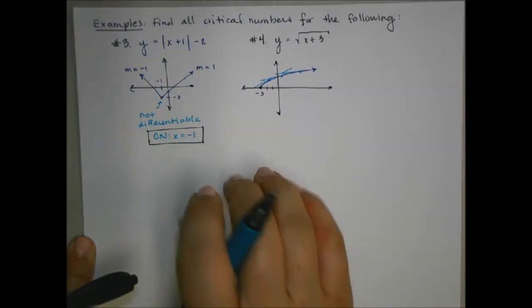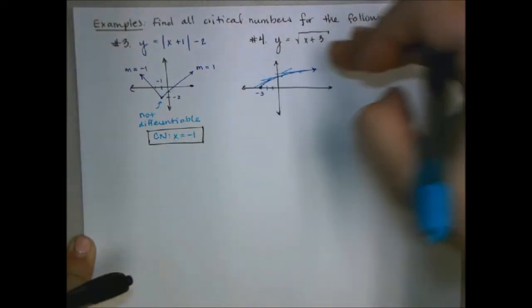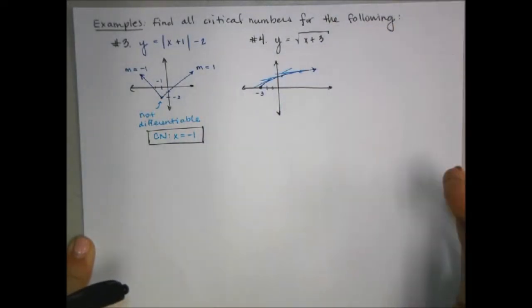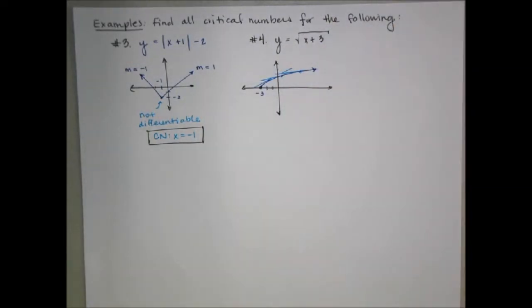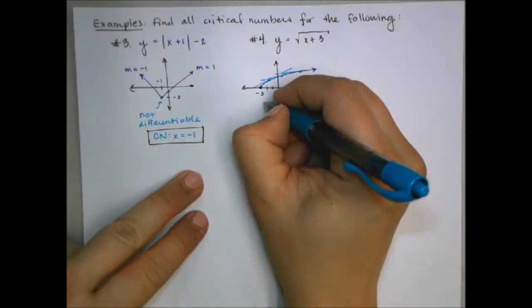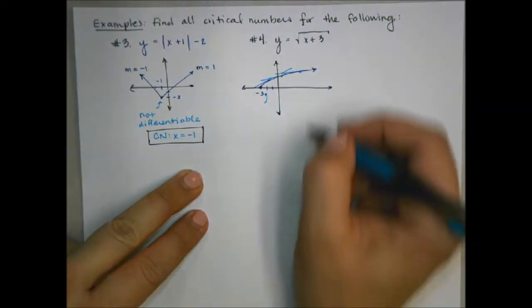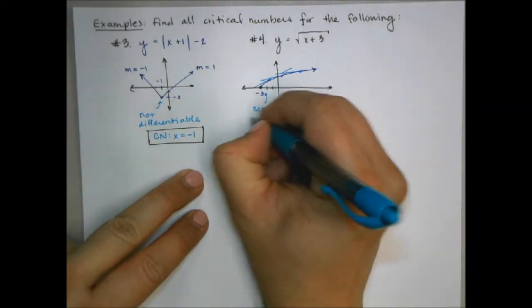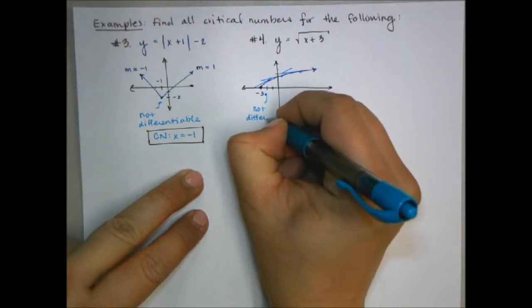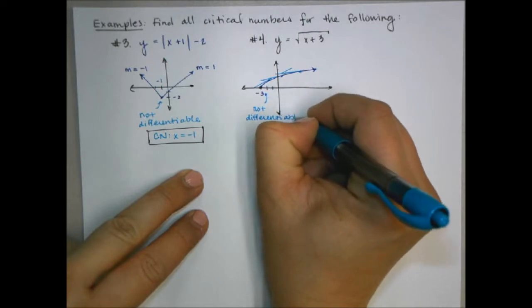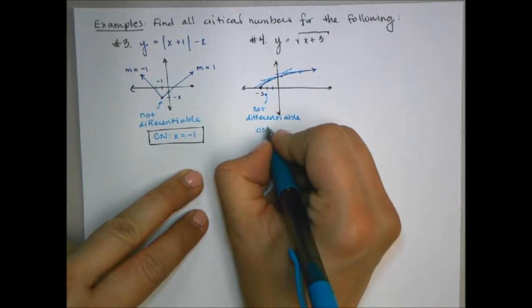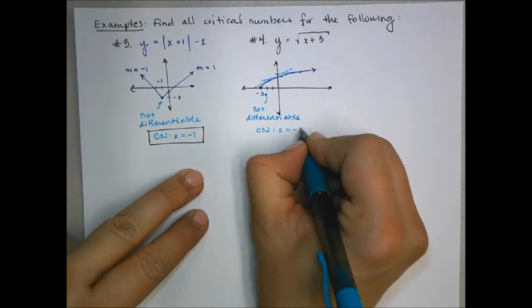It's never going to level off and start coming back down. It's going to keep increasing, so my slope will always be a positive value. But right here at our endpoint, our function is not differentiable. So again, we have another critical number, this time when x is negative 3.